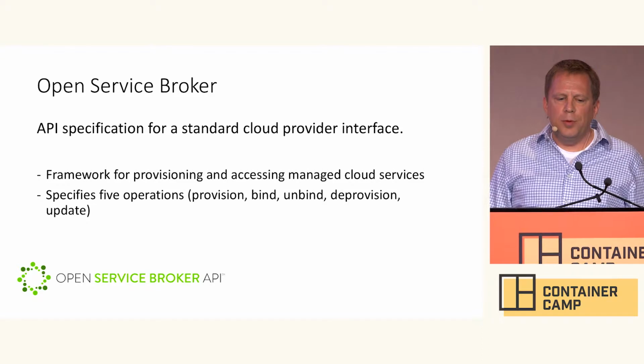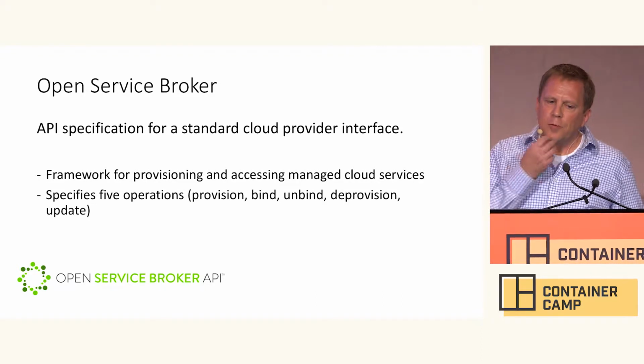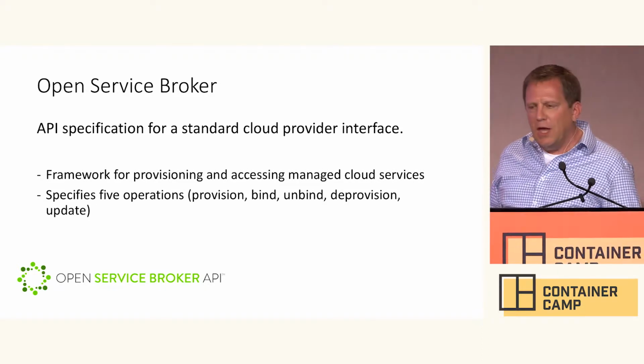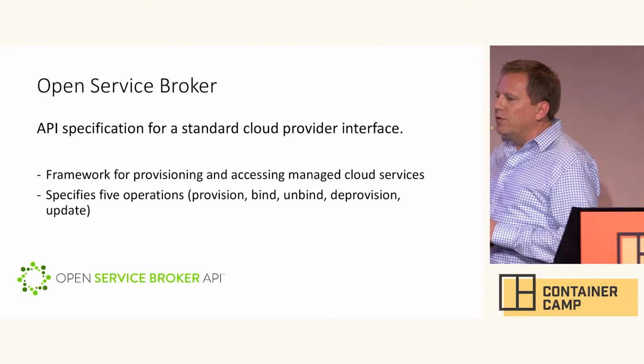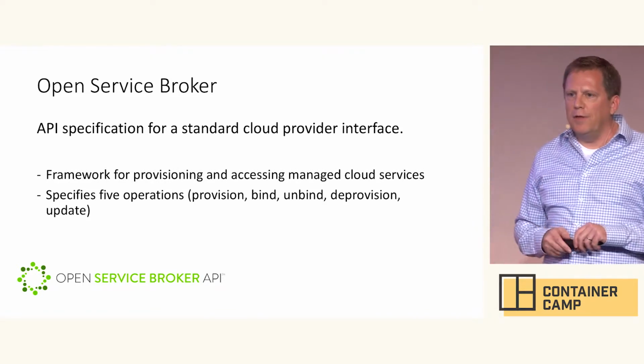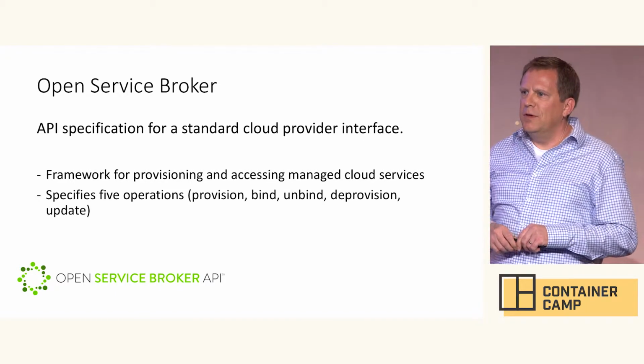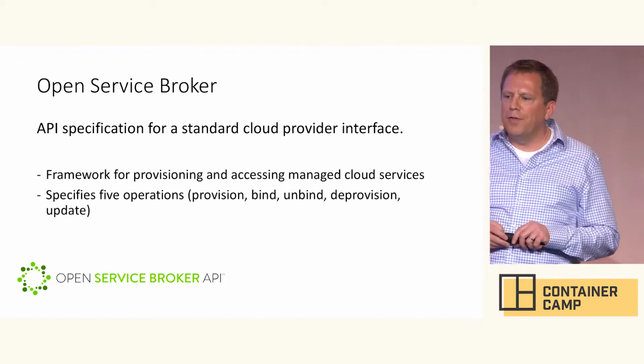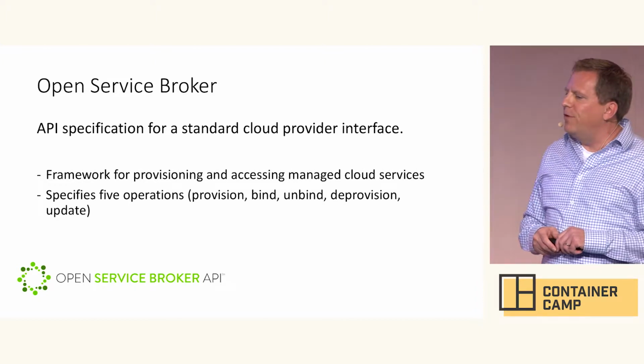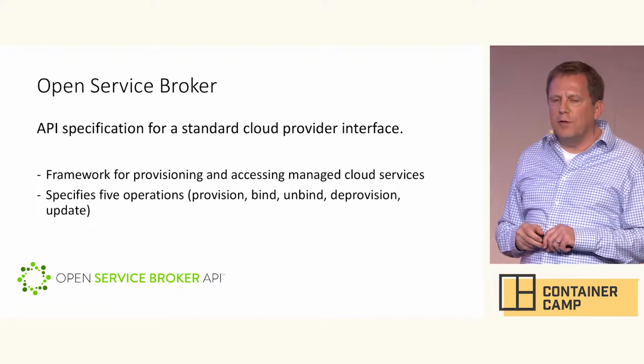The first thing we've got is Open Service Broker. What Open Service Broker is, basically, is an API specification for a standard cloud provider interface. So basically, hey, if you write your API like this, you can talk to cloud providers. It's a framework for provisioning and accessing managed cloud services.